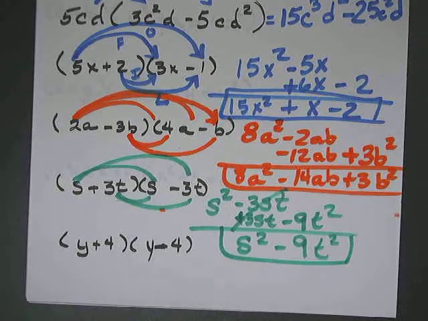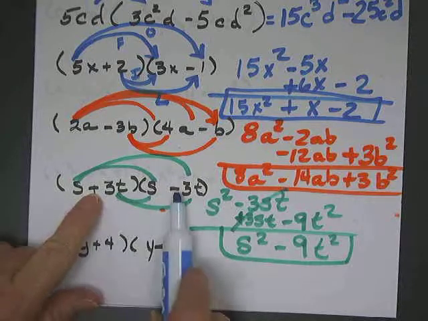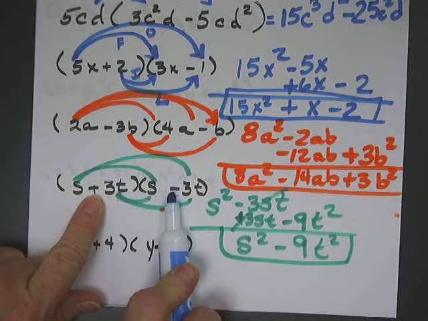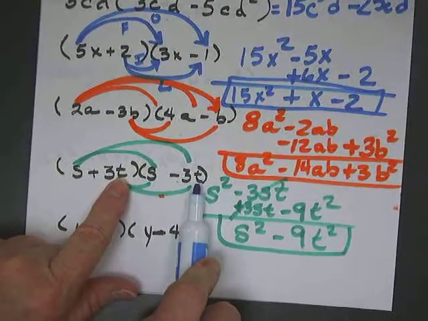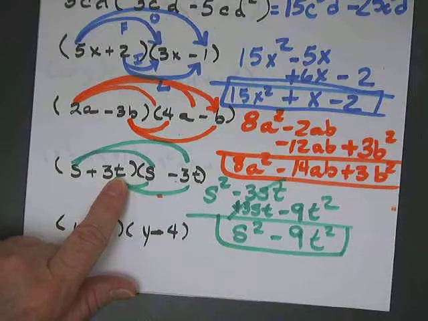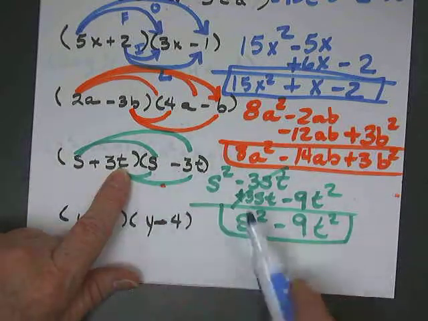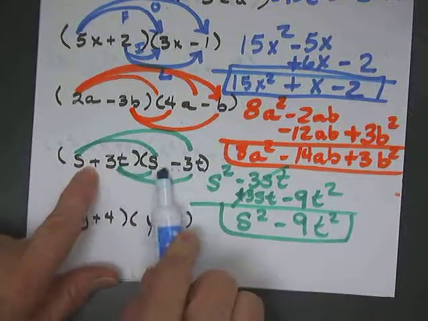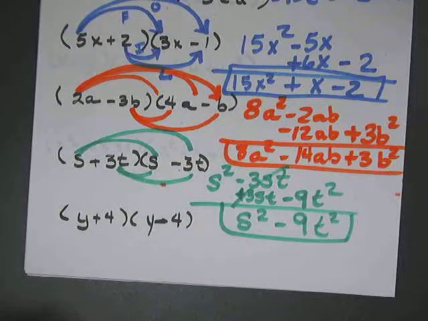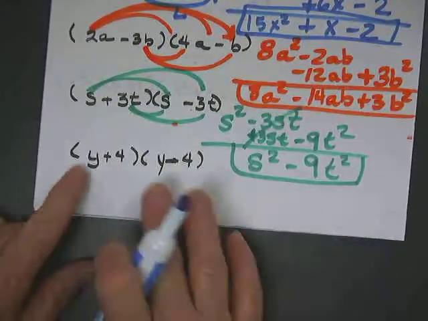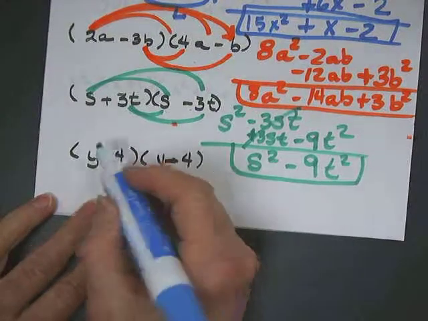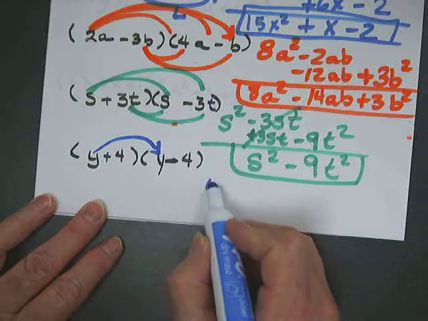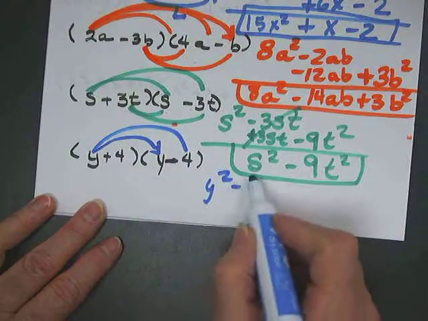Put this in your calculator? I don't think so. See how that's plus and minus? And these are the same. You should know that that's going to end up being difference of squares. From last semester, you know the difference of squares is the same with a plus and a minus.